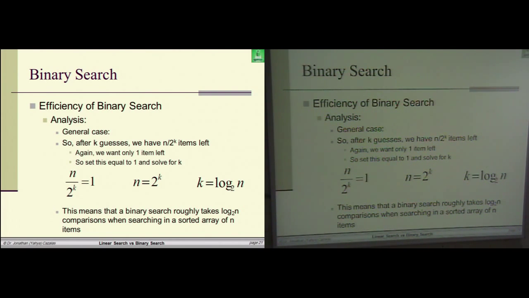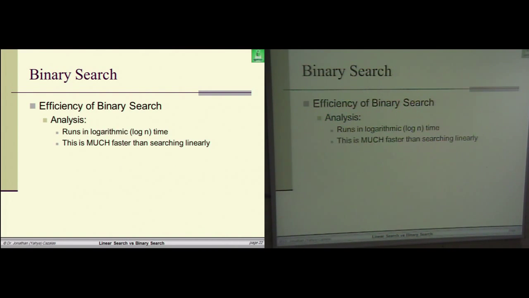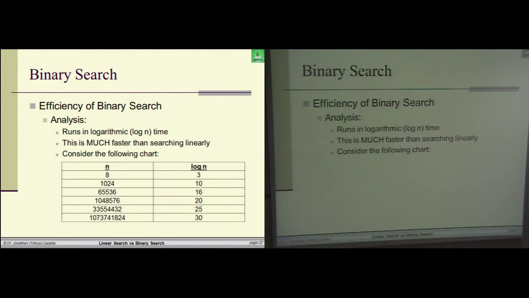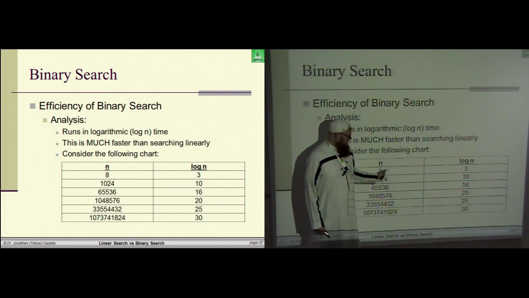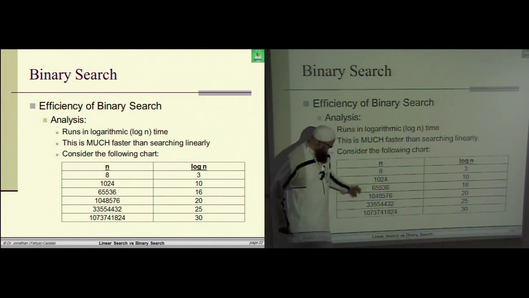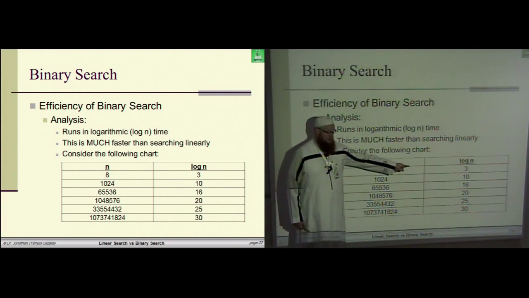Much faster. Okay, so we talk about this. I very quickly show you a nice little chart. Binary search runs in logarithmic time, log n time, much faster than linear. Look at the following chart. If n is 8, what is log of n? 3. If n is 1,000, what is log of n? 10.